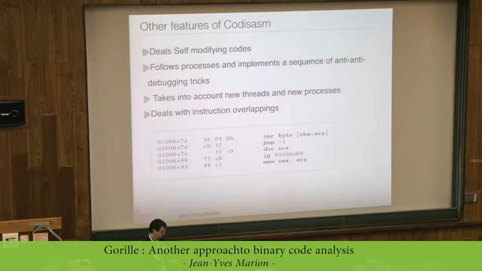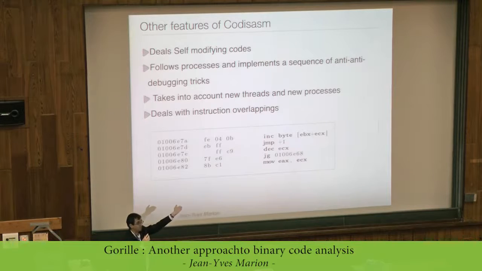Another question which is also quite tricky is that at some point you can have some instruction overlappings. And here is an example. I don't remember, I think it comes from UPX. The first instruction is not interesting. The second one is a jump, and you see the jump +1. So you jump, in some sense, on yourself.